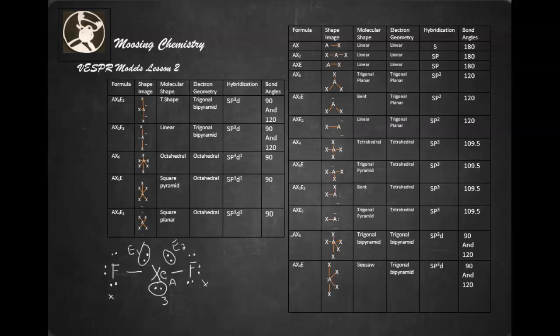So this would make this an AX2E3 shape. And what shape is that? That shape is called linear. Because if you look right here at AX2E3, the molecular shape is linear.